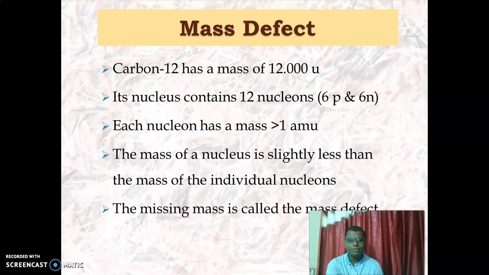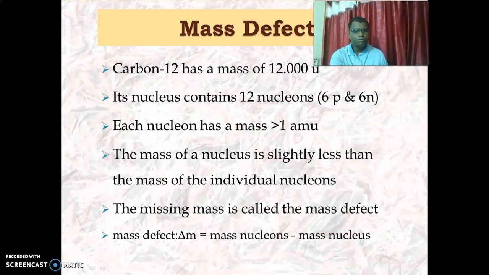This difference between the expected mass and the actual mass, this missing mass, is termed the mass defect. This is one term we need to understand in order to explain the difference between the actual mass and the expected mass.